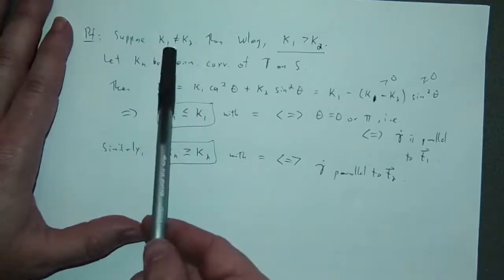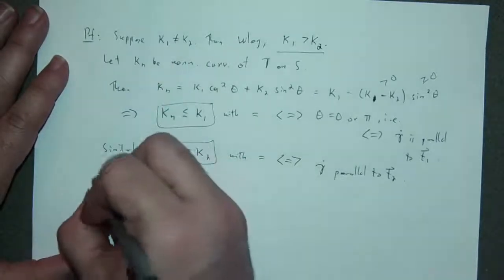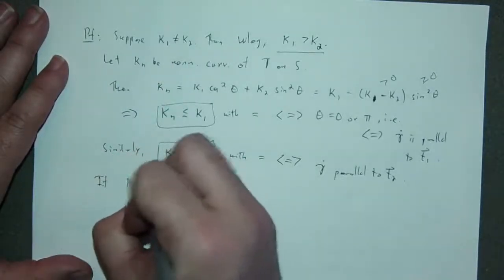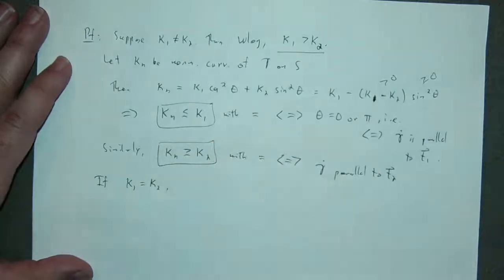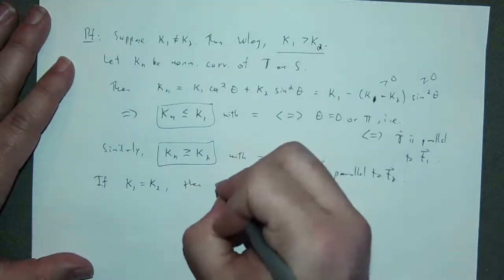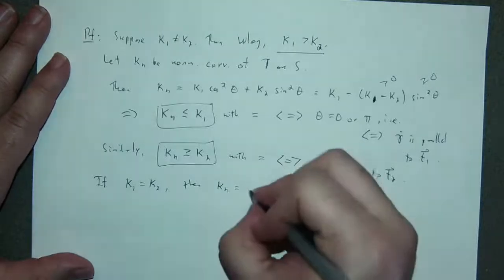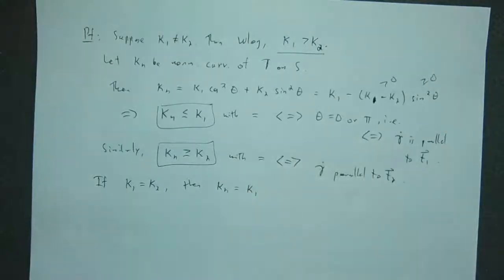We have one thing we didn't consider, which is when these principal curvatures are equal, so at an umbilic point. So if kappa sub 1 is equal to kappa sub 2, then kappa sub n is equal to kappa sub 1 by Euler's theorem. And so I also know that every tangent vector is a principal vector, so that's fine.